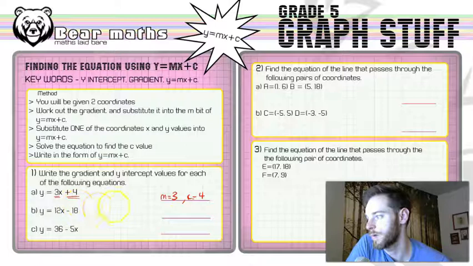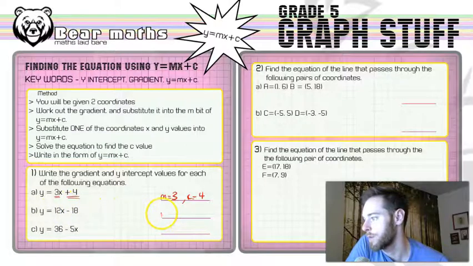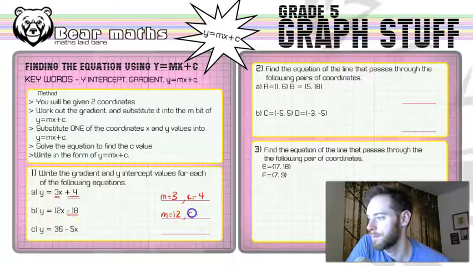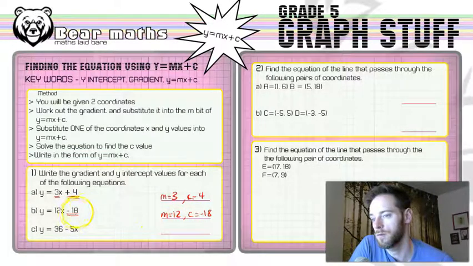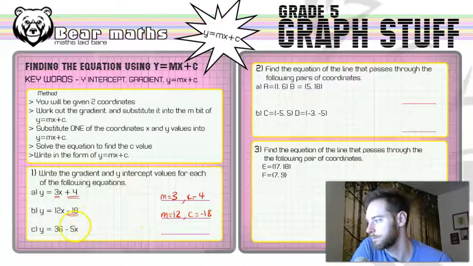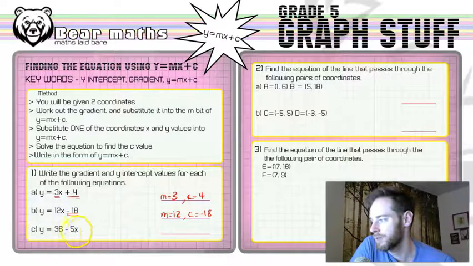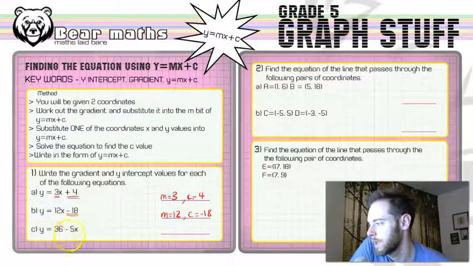So pretty simple when everything's positive. In B, we've got the m value of 12, because that's the number in front of the x. And this time we've got a negative value of c, which is minus 18. So the y-intercept value, where it goes through the y-axis, would be minus 18. Now in C, I've put one in here that they love putting in exam papers, because it's the other way round on the right-hand side.